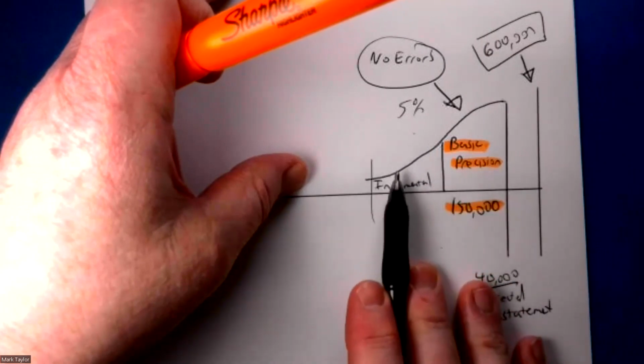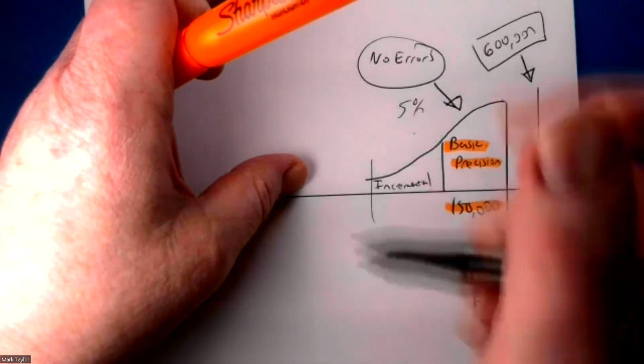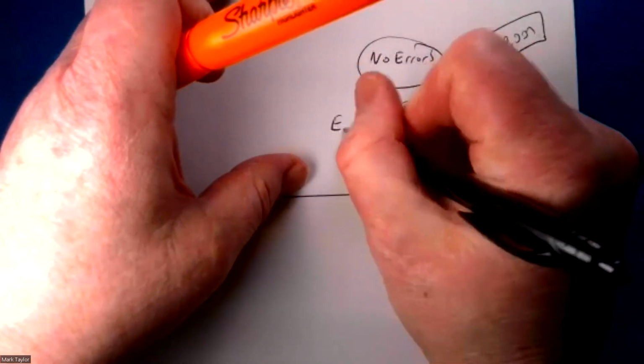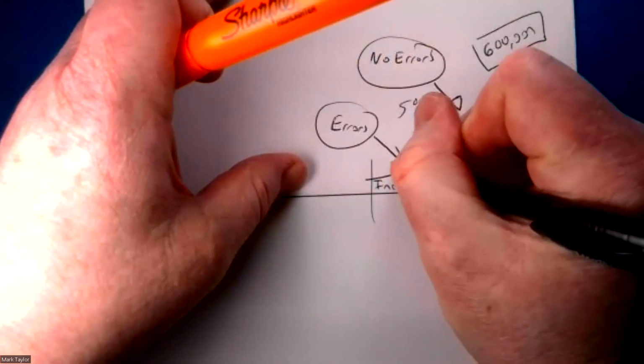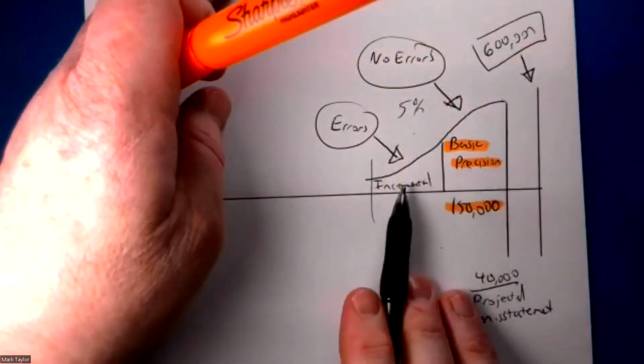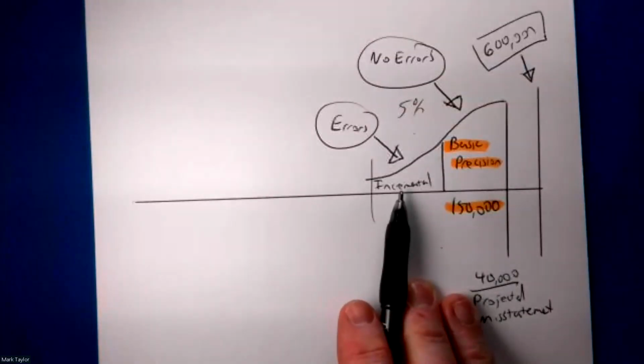Now over here is if we have errors or misstatements, however you want to put it. That will go into what we call the incremental, saying, okay, if we find errors, things could be worse. And so that's where this incremental comes in.